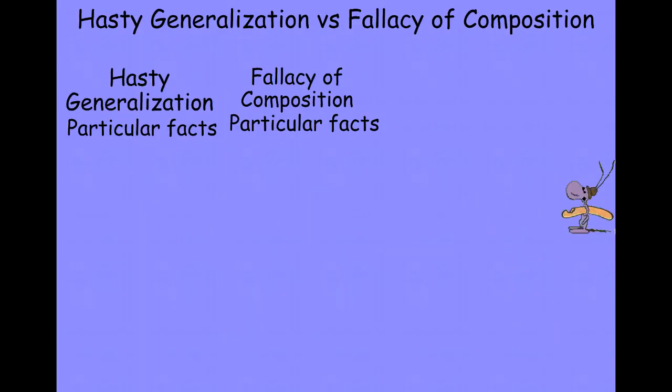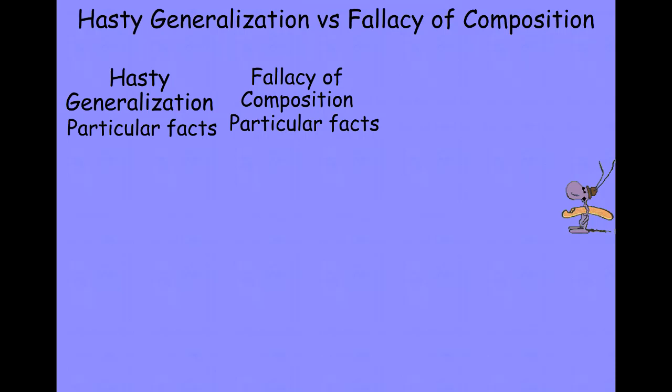And we can sort of see now how we can use that distinction between collective and distributed predications to understand the difference between, on the one hand, our fallacy of composition, and on the other hand, hasty generalization. So both of these arguments start off by talking about particular facts of particular individual things.